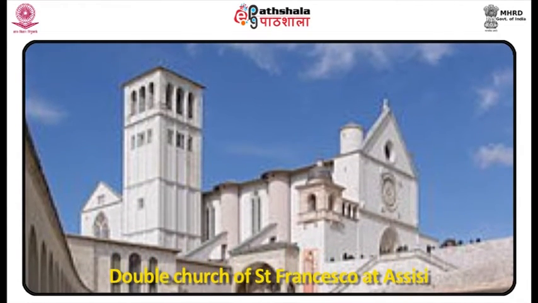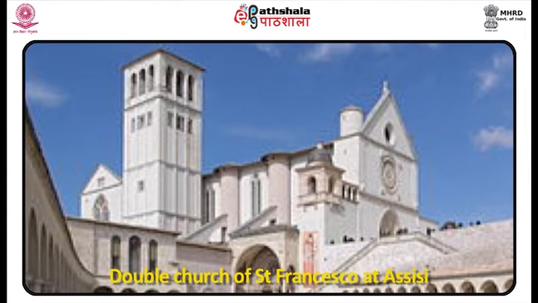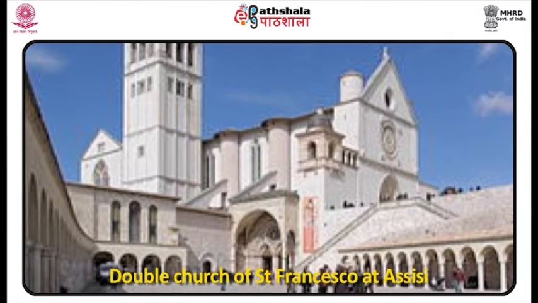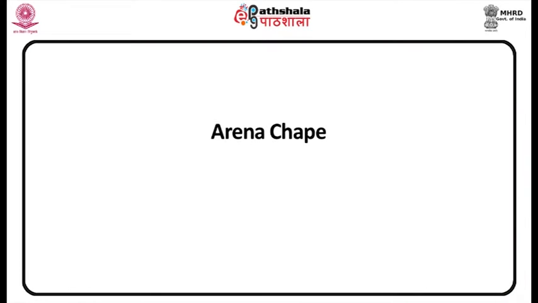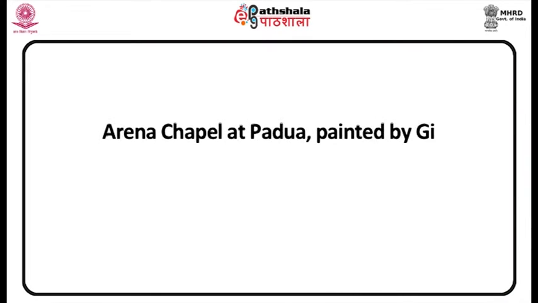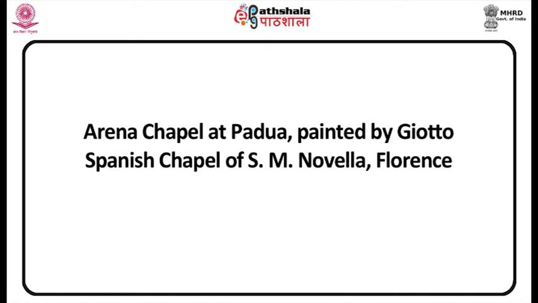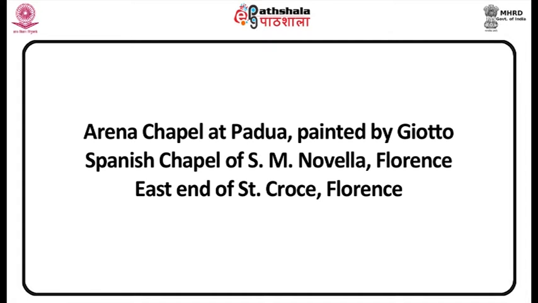The double church of Saint Francis at Assisi, decorated by Cimabue and Giotto and other early Tuscan painters, the Arena Chapel at Padua, painted by Giotto, the Spanish Chapel of S.M. Novella, Florence, and the east end of S. Croce, Florence, are illustrations of the splendor of effect possible by this method of decoration.